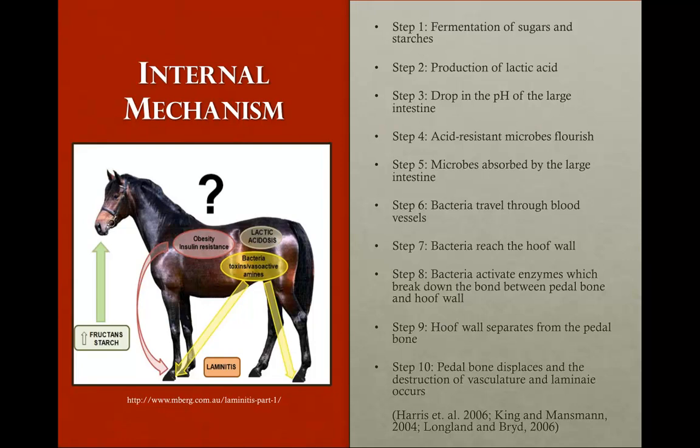The bacteria may then produce substances that can activate specific enzymes within the wall of the hoof, breaking down the bonds between the pedal bone and the hoof wall. At the hoof, the wall then separates from the pedal bone. This separation causes a displacement of the pedal bone and pulls on the deep flexor tendon as mentioned previously. This leads to the pain and the overall debilitation of the horse.